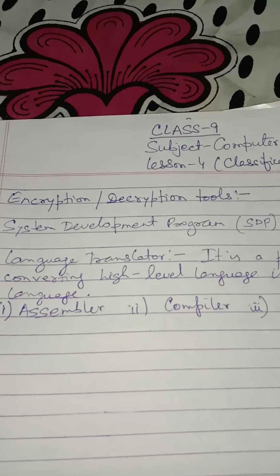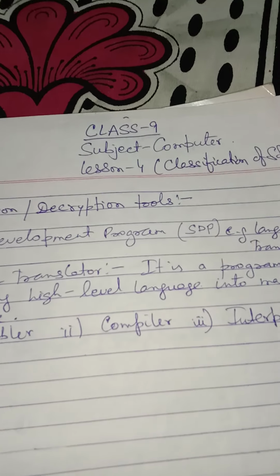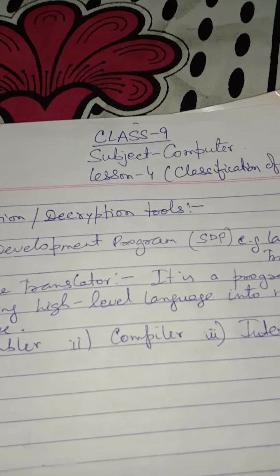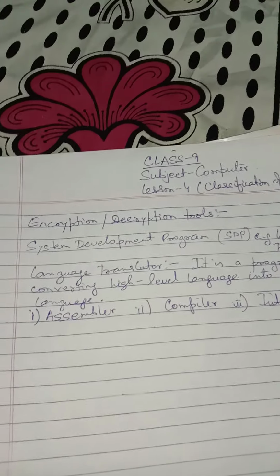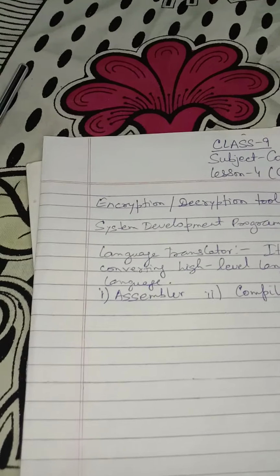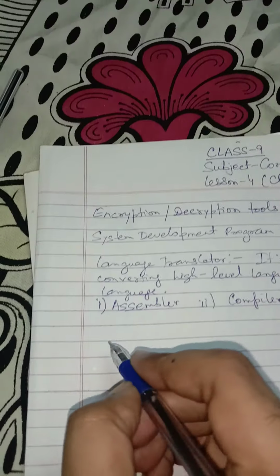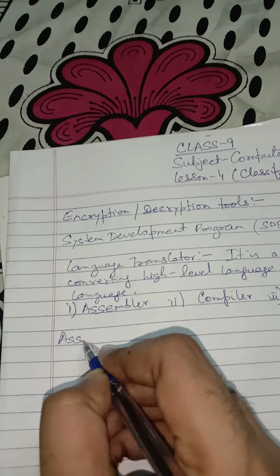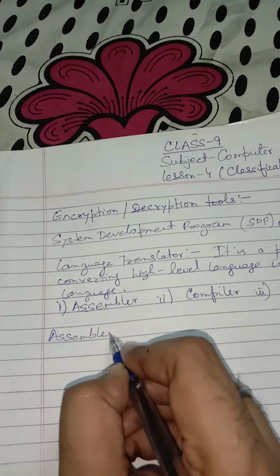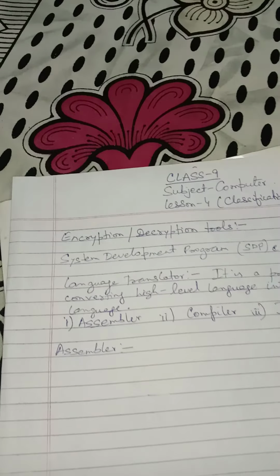The first one is assembler, the second one is compiler, and the third one is interpreter. So we begin with assembler.